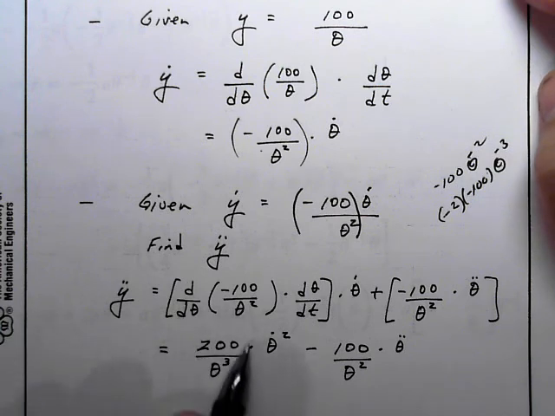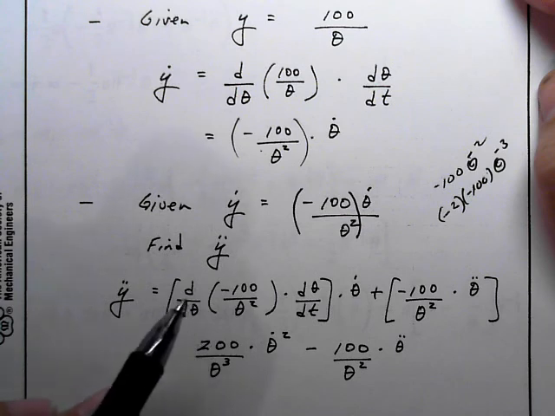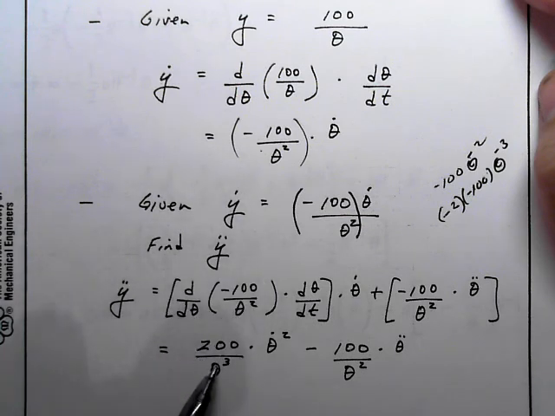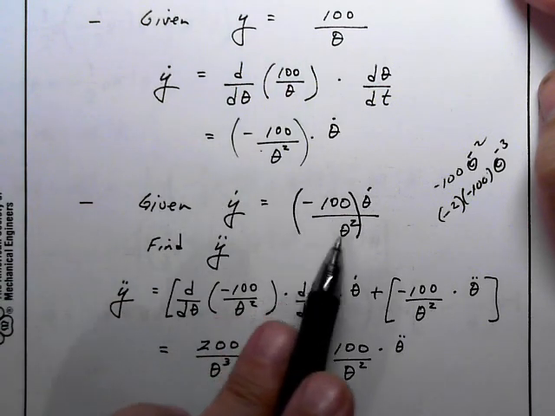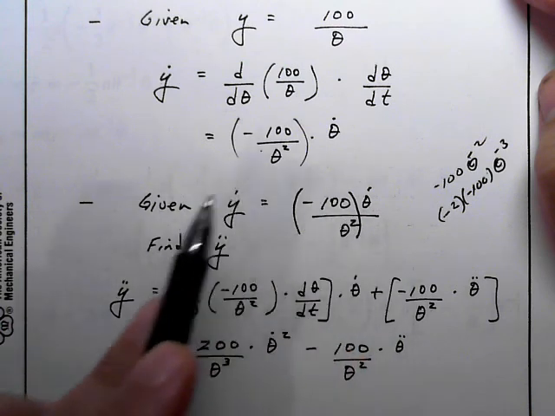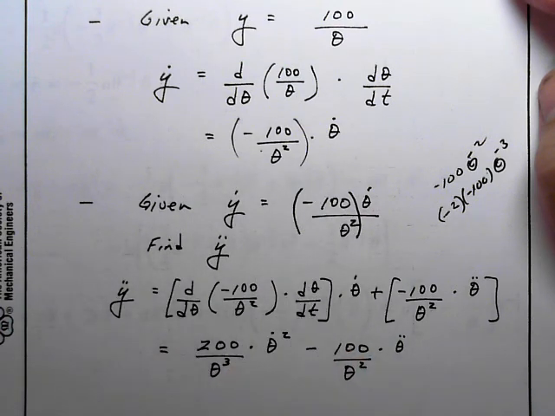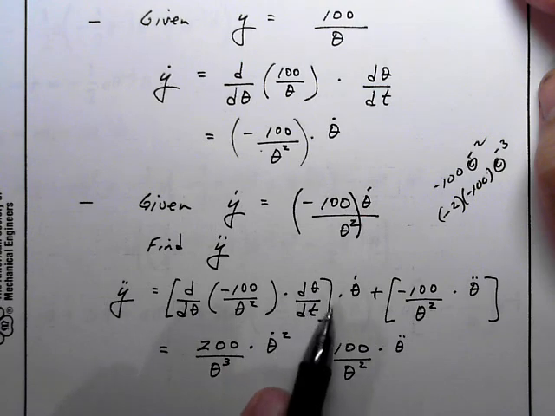So positive 200 divided by theta cubed right here came out of dy dot d theta. But now, to finish up the derivative of this piece, I've got to multiply by the d theta dt piece. That's a theta dot.